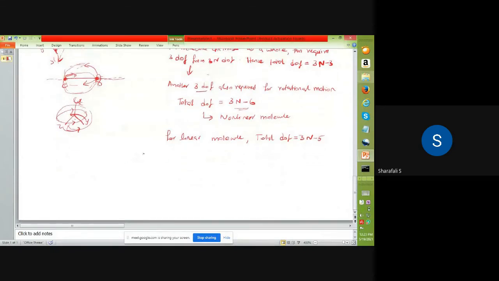So now consider a molecule with n atoms. If you are considering an acyclic molecule with n atoms, there will be n minus 1 bonds. This is the minimum.